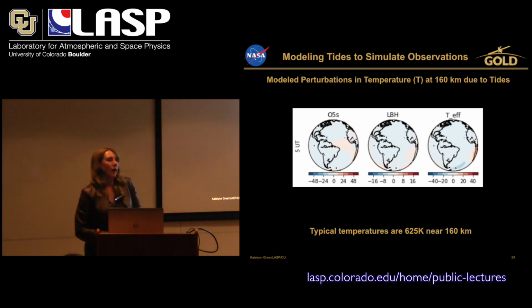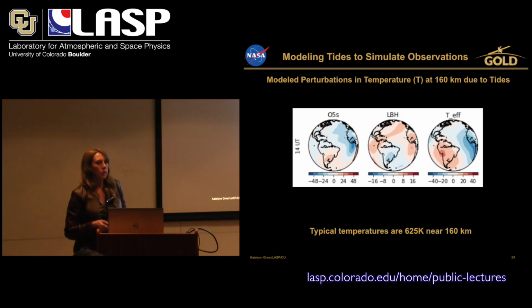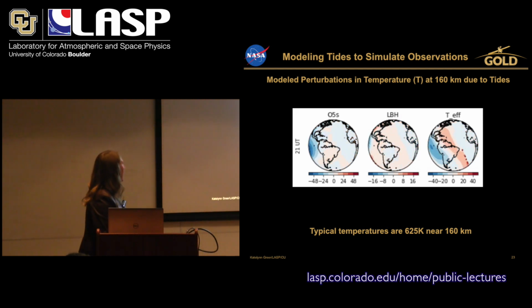Some of the modeling that I've done has been looking at what kind of signals GOLD will see due to these tides. So in this plot we have on the left the OI, or the 135.6 nanometer oxygen color. In the middle we have the LBH color, and on the right we have the temperature anomaly due to just the tides.